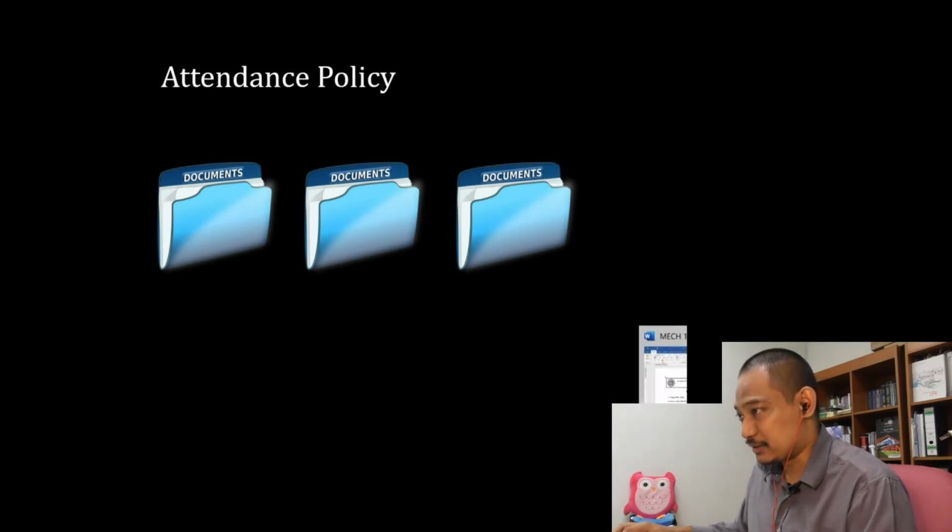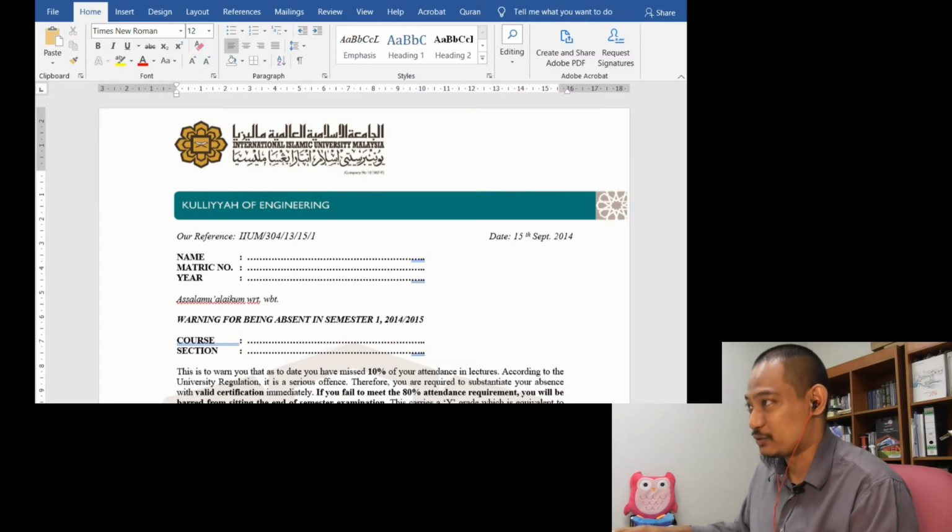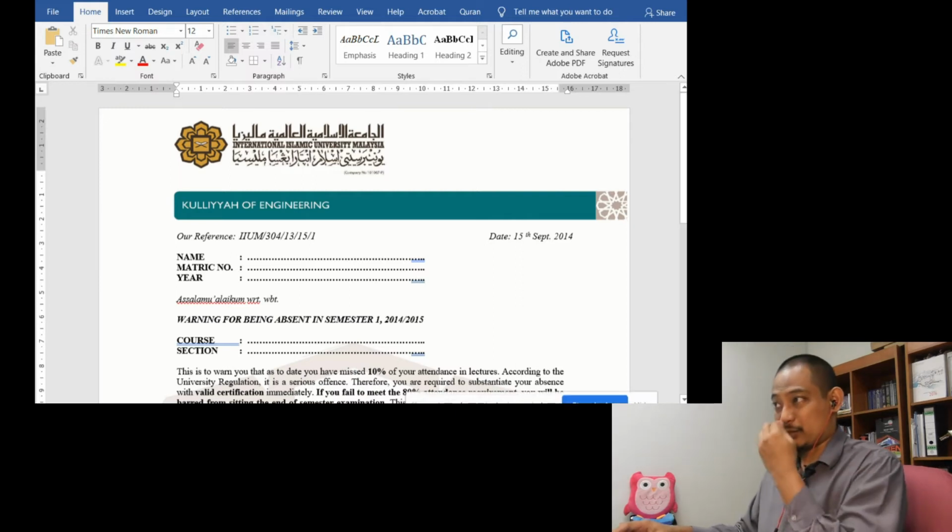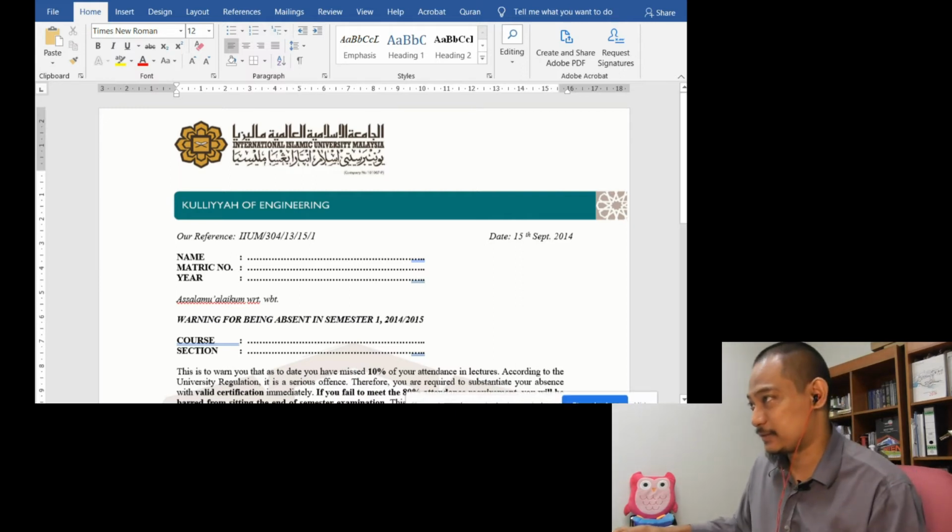Next is a sample, just to show a sample of a warning letter. Hopefully you will not get this, but this is just to show what it looks like.